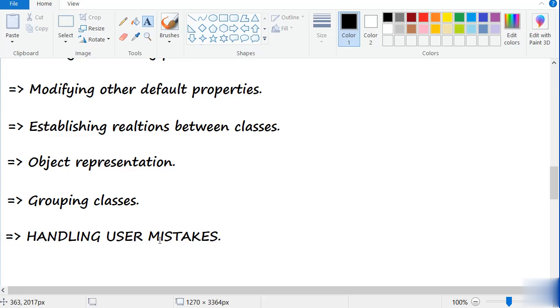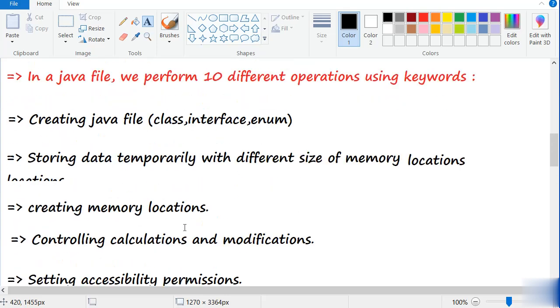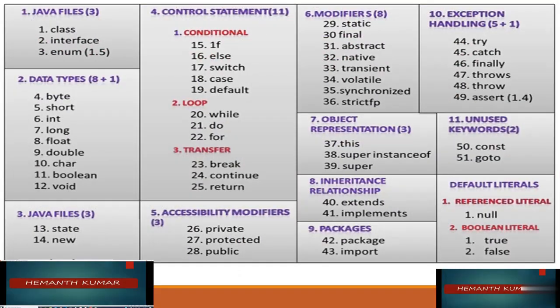Now we will see the keywords which we use for these operations. These are the keywords, almost 50. We have 51 keywords which we use for the operations in a Java class.